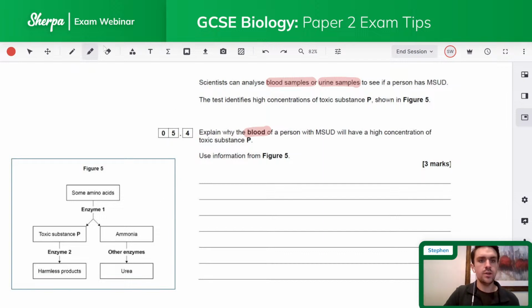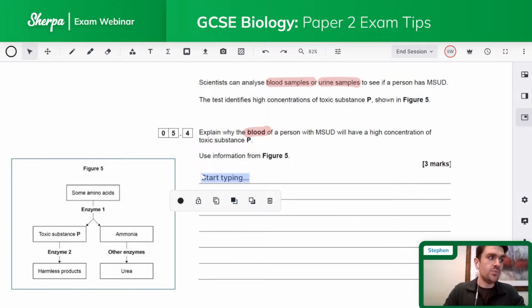Okay, so we know this is an explain question. If it's an explain question, we need to be using biological knowledge. In other words, if it says explain, you need to use things that you've learned from the course and give a biological reason as to what's happening. Here it's saying, explain why the blood of a person with MSUD will have a high concentration of toxic substance P. Well, we've just been told that they do not have any enzyme 2.